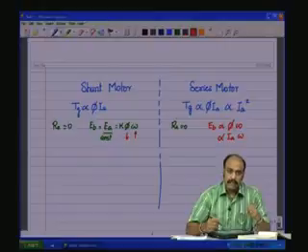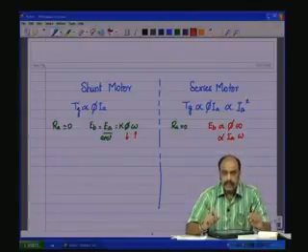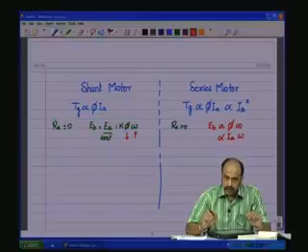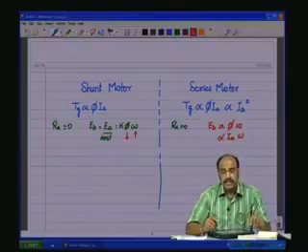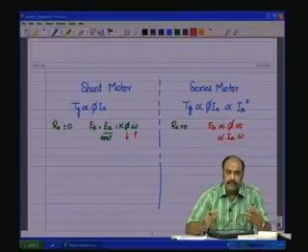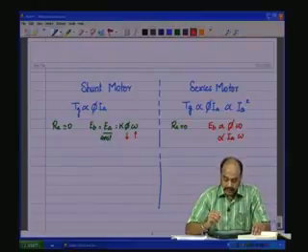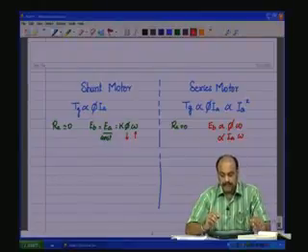Now, let us say you apply the full applied voltage and the shaft is not rotating. Then Ia is going to be very high, and the torque generated is going to be proportional to Ia square, a huge torque. Under no load conditions the speed may accelerate very fast, and again it may result in runaway in the case of the series motor and result in mechanical damage.